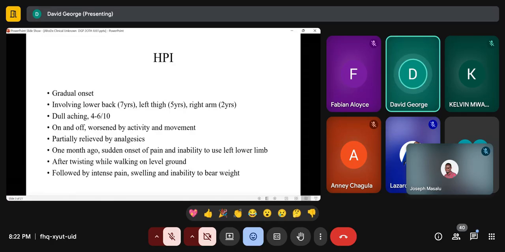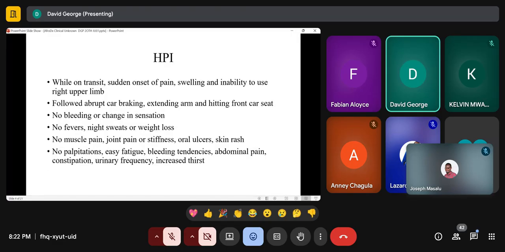It was on and off, worsened by activity and movement, partially relieved by analgesics. And 1 month prior to presentation, she experienced a sudden onset of pain and an inability to use the left lower limb, and that came after twisting while walking on level ground. This was followed by intense pain, swelling, and inability to bear weight.